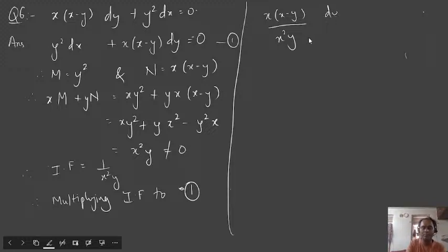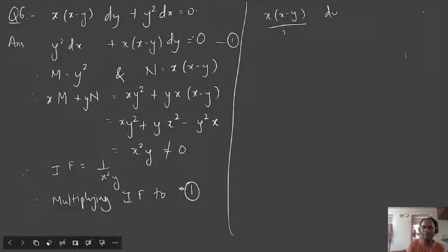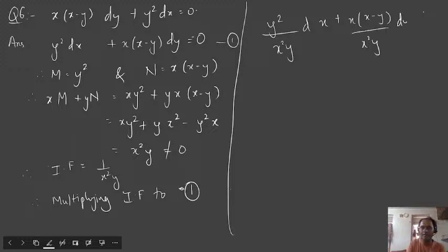No, sorry, you get y square over x square y dx plus x into x minus y over x square y dy equals 0. This is what you get.